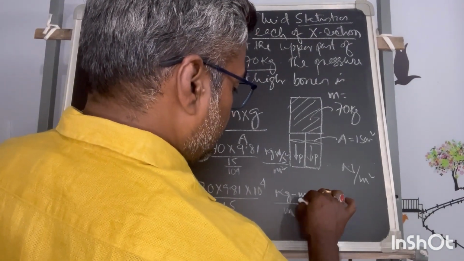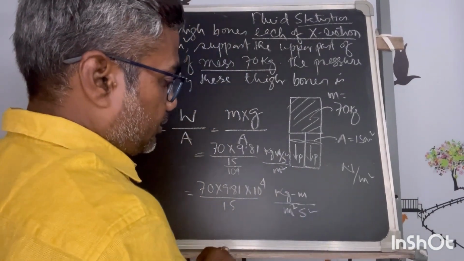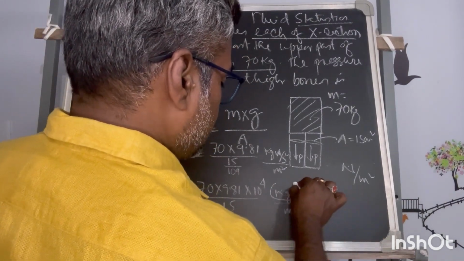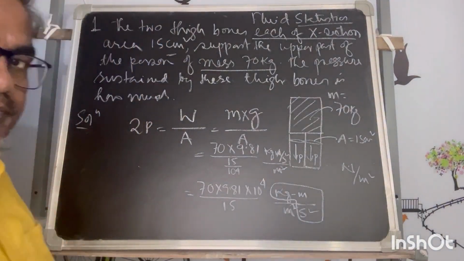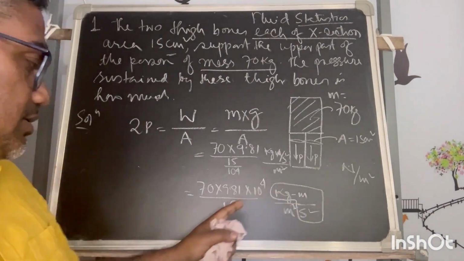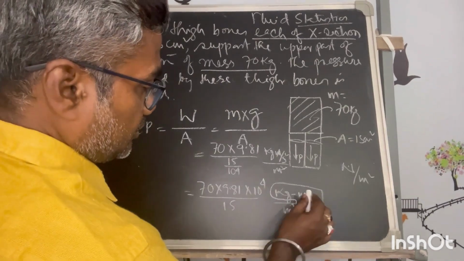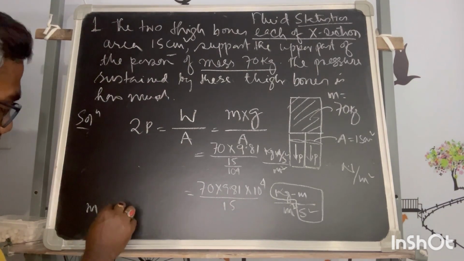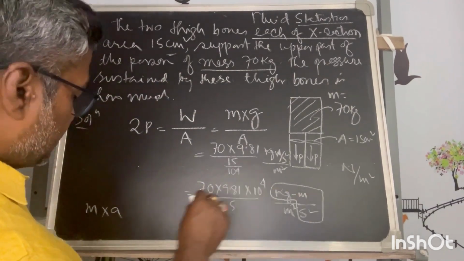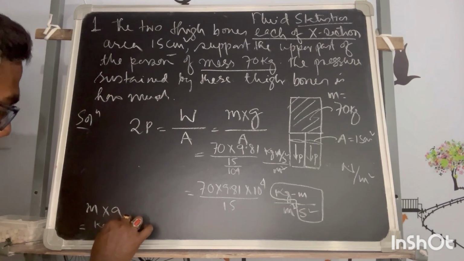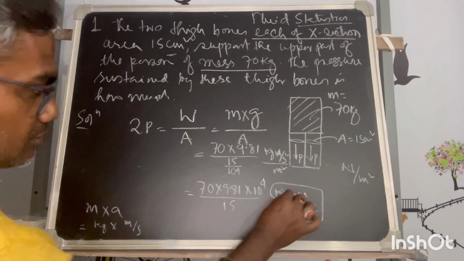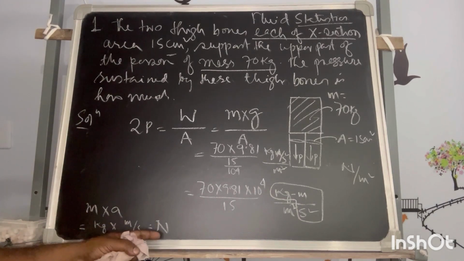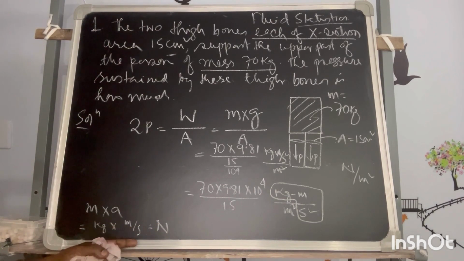If I multiply with meter here and put meter square here, then kg meter per second square is nothing but mass into acceleration, mass in kg, acceleration in meter per second square. So all together this is mass into acceleration, the unit of force, the Newton, kg meter per second square.